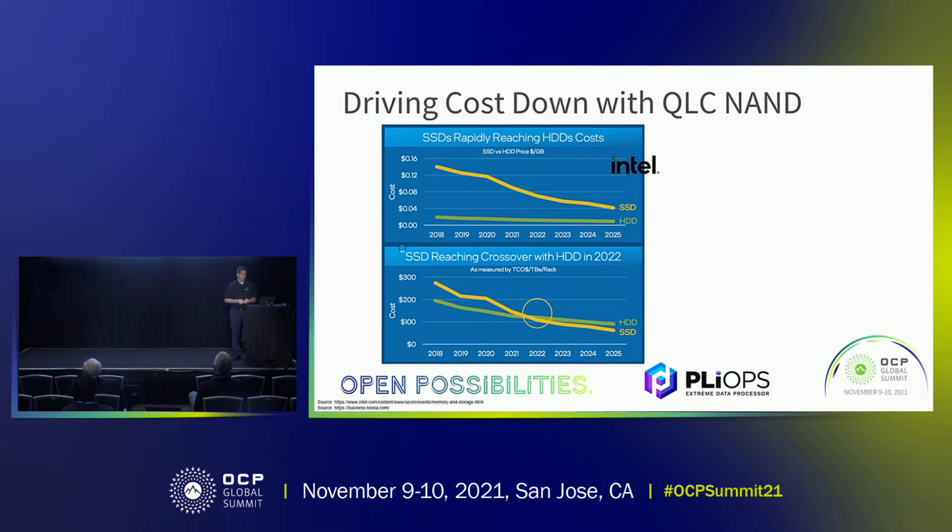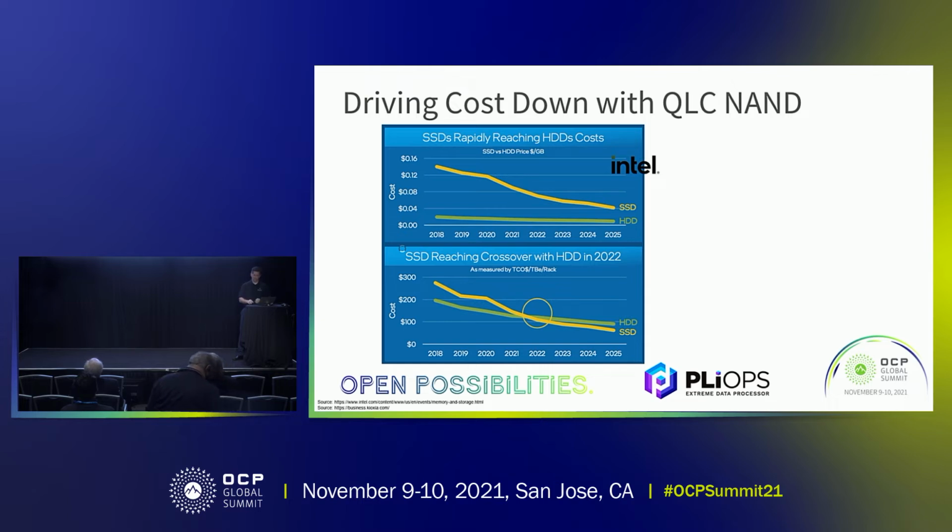Back in 2020, Intel shared their projections of cost reductions enabled by QLC NAND. They presented this plot of dollar per gigabyte and how close they are getting to nearline hard disk drive prices. But the more impressive plot is the lower one, showcasing the total cost of ownership. They project that a QLC-enabled storage solution will cost less to operate than one with nearline hard disk drives.